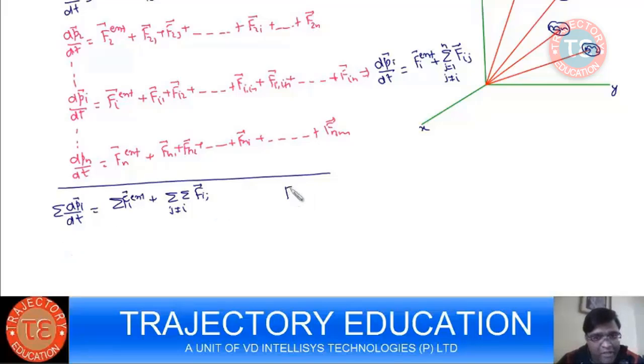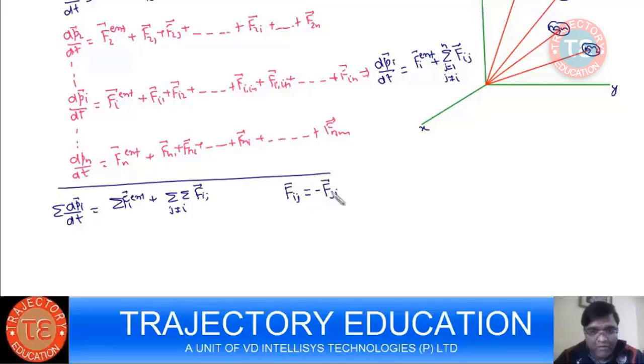So now here, see, Fij is what? The force applied by jth particle on ith particle. For every Fij there exists Fji, such that they are equal and opposite, because they are action-reaction forces.